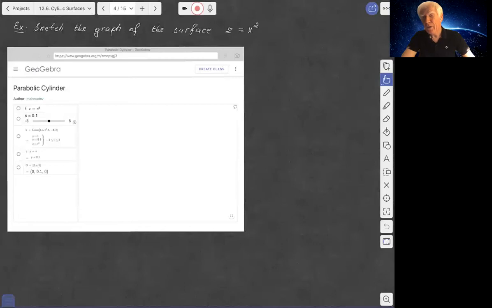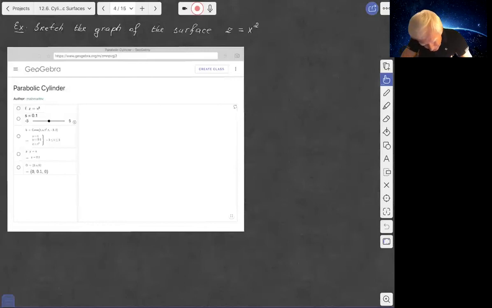If y equals 1, we get the same parabola, but with the vertex at y equals 1. If y equals -2, we get the same parabola, but with the vertex at y equals -2. So technically, this is a surface made of parabolas that are shifted along the y-axis.